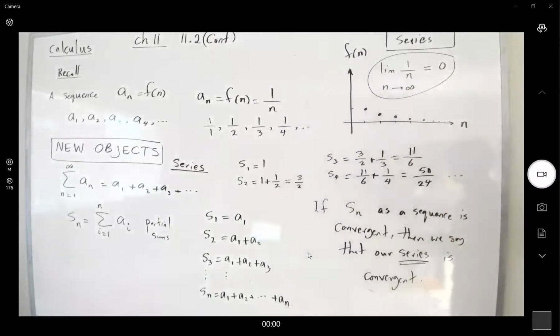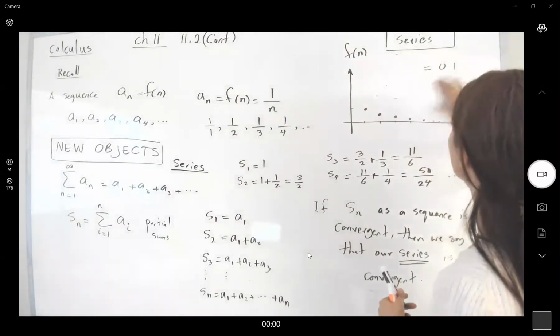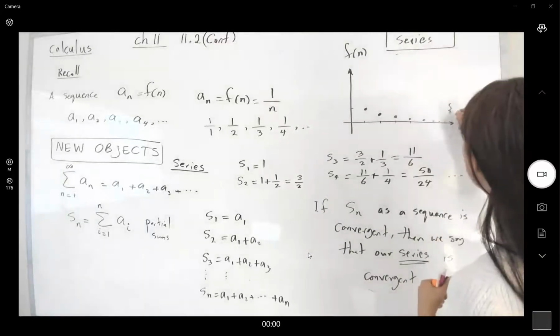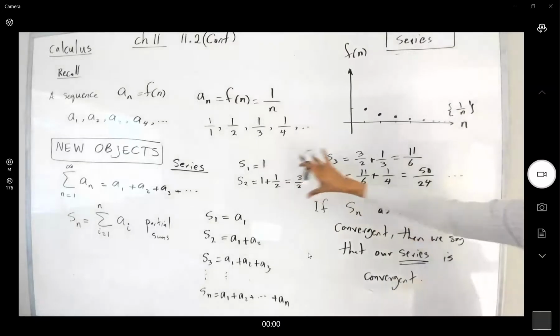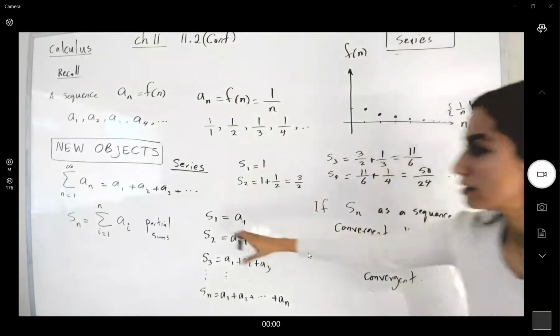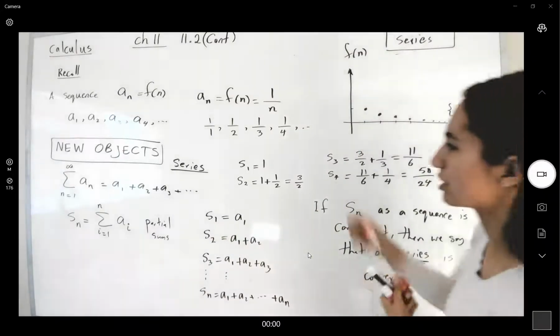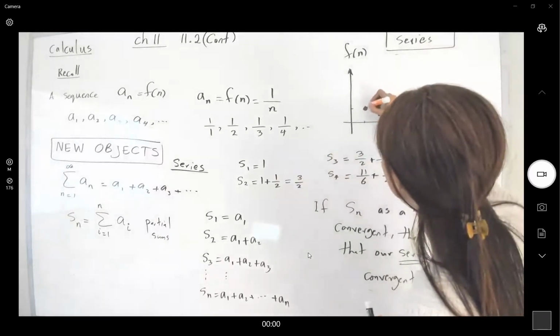So this is the graph of our sequence 1 over n. Now we're interested in graphing this new sequence S sub n. Well, S sub n, the very first term is 1. The same here.